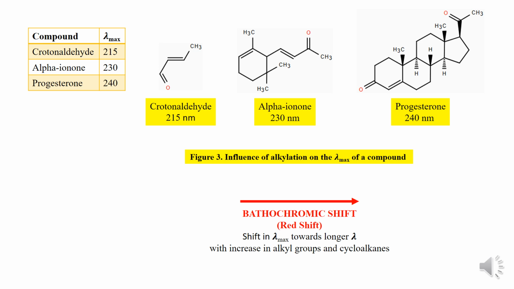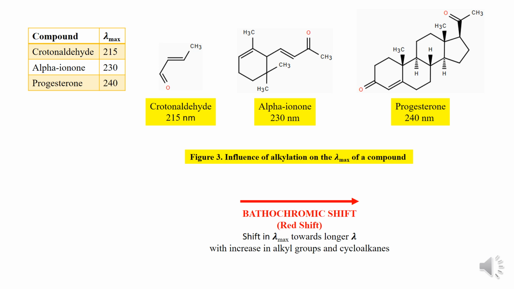Now crotonaldehyde with one methyl group has a lambda max of 250 nanometers. Alpha enone with 3 methyl groups and one cycloalkane ring has a lambda max of 230 nanometers. While a steroid drug, progesterone, has a lambda max value of 240 nanometers.